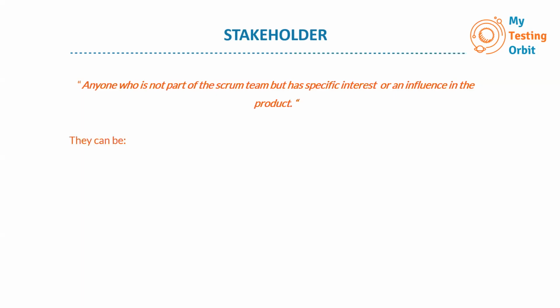Okay, who else can be? Let's see, key decision makers. So as I said, these can be the senior management in the organization, anyone who is making the decision whether we are going ahead with this product launch, etc., or not.